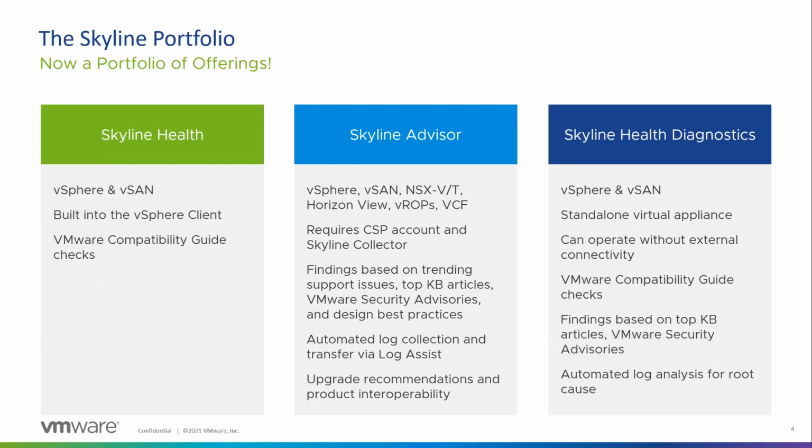It does require a Cloud Services Platform account as well as a Skyline Collector appliance. But you're going to get a lot of additional findings that are based on trending support issues within global support, some of the top knowledge base articles that are being accessed, VMware security advisories, design best practices, and other sorts of health checks you're going to see within Skyline Advisor.